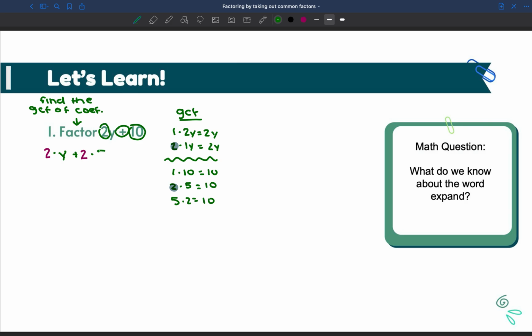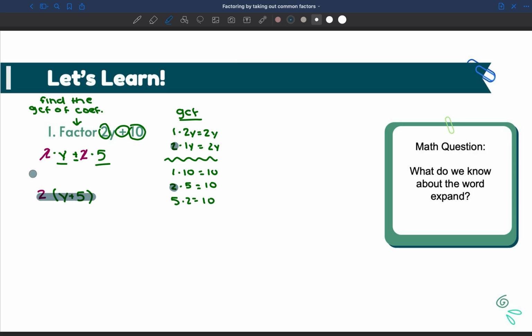So now we're going to take our 2s out of the equation because we're going to put them on the outside of our parentheses. And now what we have left is y plus 5. So we write y plus 5. Now we have the factored form. This is what our final answer would be after we factored.